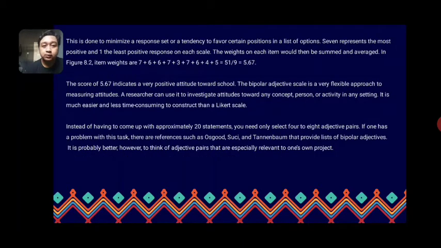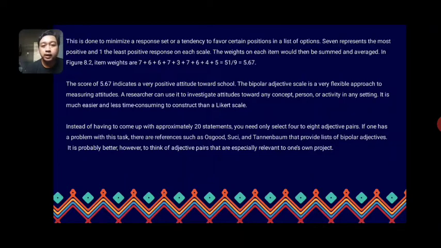This is done to minimize a response set, or a tendency to favor certain positions in a list of options. 7 represents the most positive and 1 the least positive response on each scale. The weights for each item are then summed and averaged.